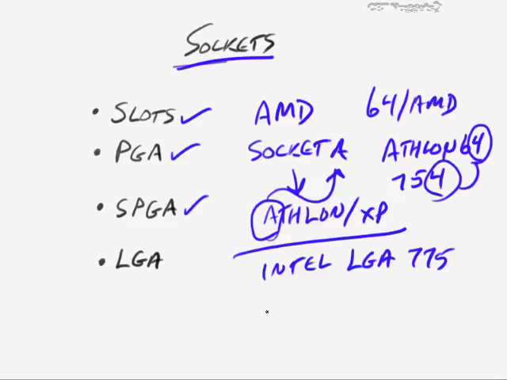And then there's another one that's a little bit older, but it still works, and that would be a zero insertion force or ZIF socket. One of the common designations for that one would be the 478 type of socket. So just be aware of all these things that I've written here in blue, especially when you try to know what you need to know for being an A+ technician.